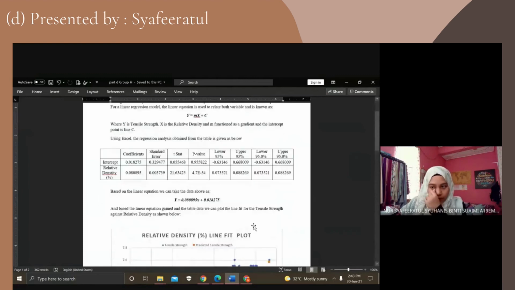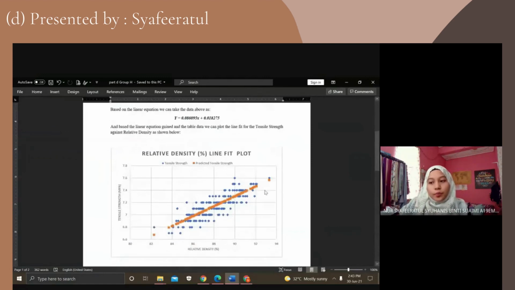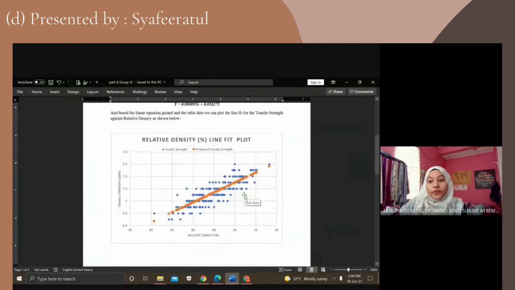This is a chart comparison, and it shows that the orange point is for predicted tensile strength, while the blue point is for tensile strength. The orange line shows the linear line in the chart. The tensile strength should be 0 when relative density is 0, and the value of the intercept should be at 0.